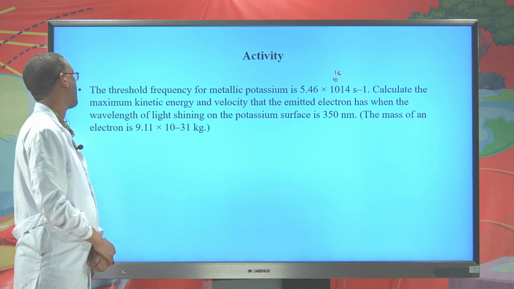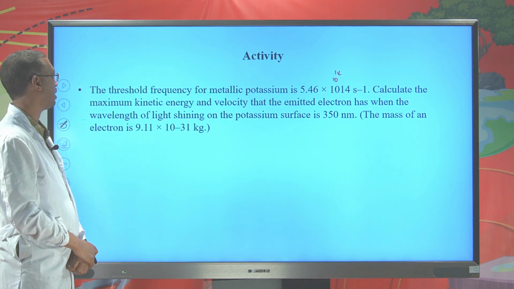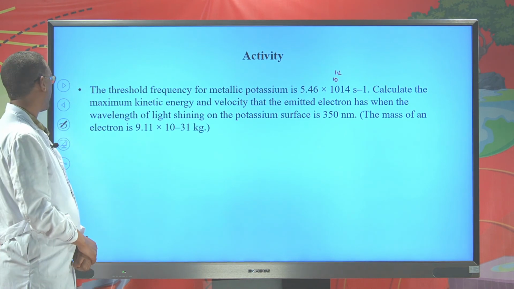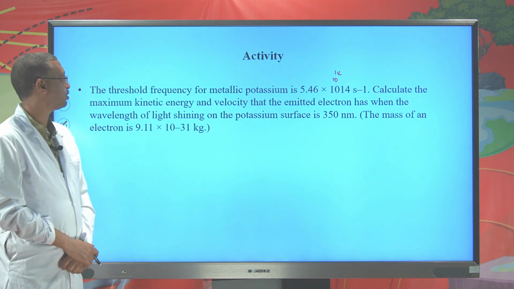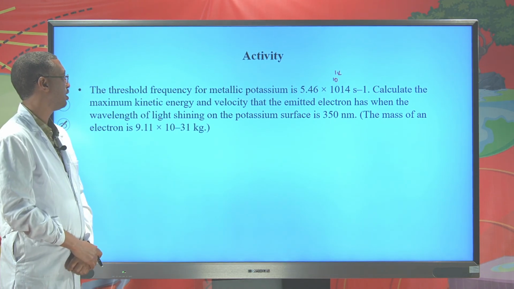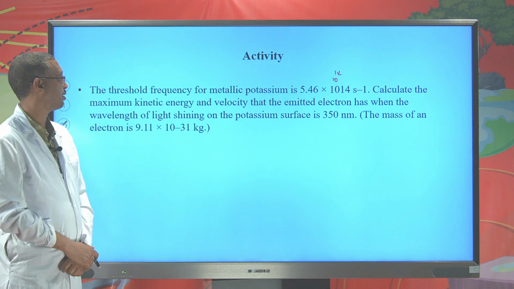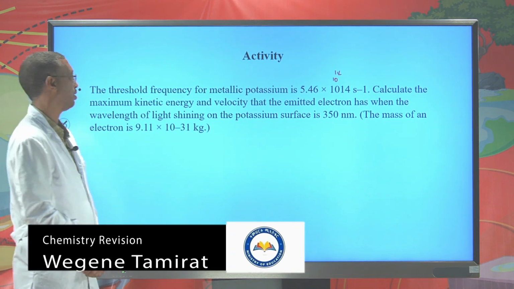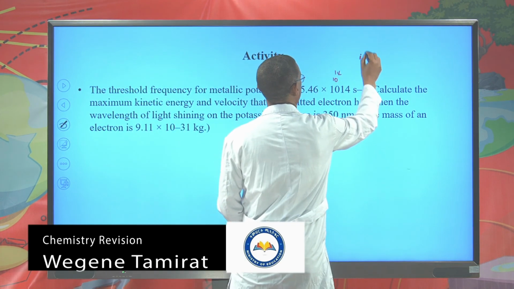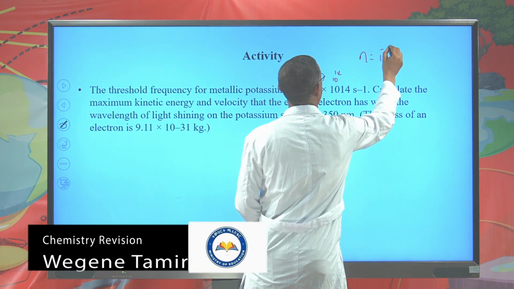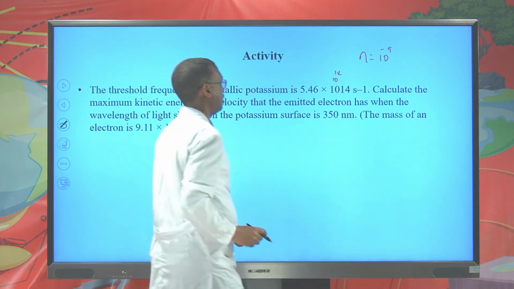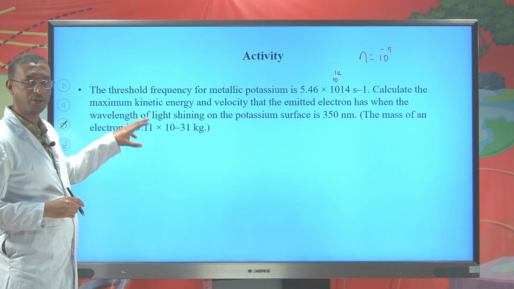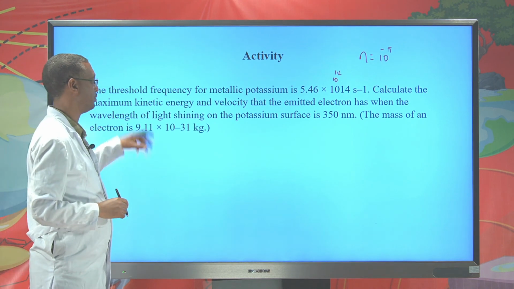Calculate the maximum kinetic energy and the velocity of that emitted electron when the wavelength of the light shining on the potassium surface is 350 nanometer. We can change 350 nanometer into meter. Nano means, by the way, 10 to the power of minus 9. So using the above equation, you can solve this.